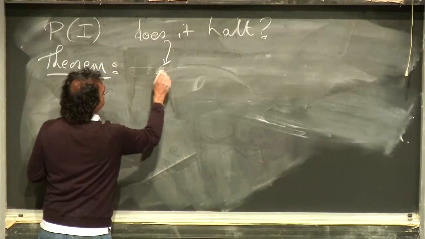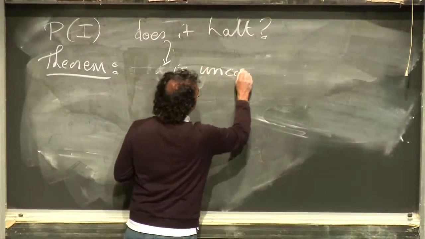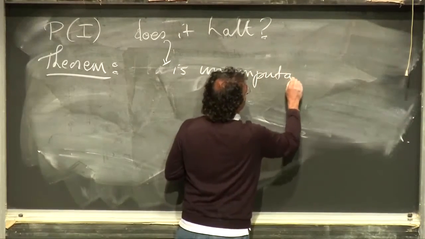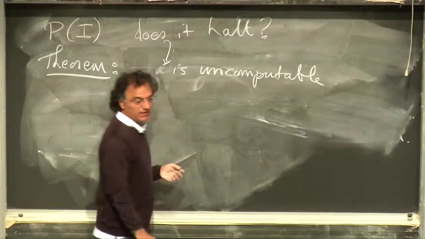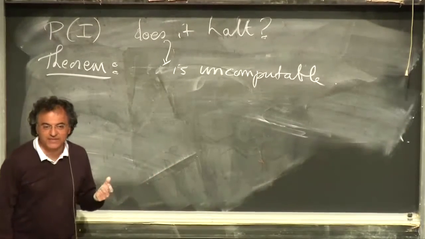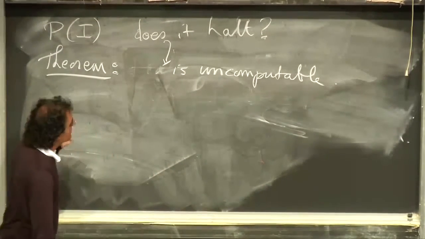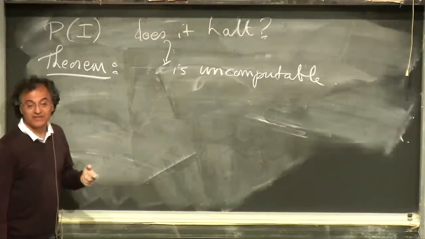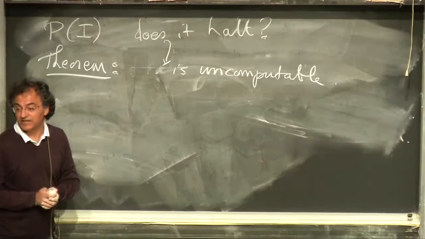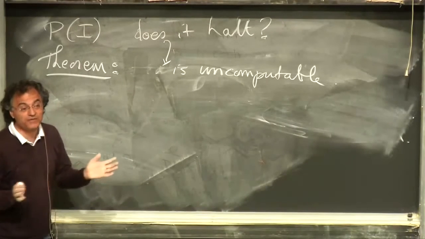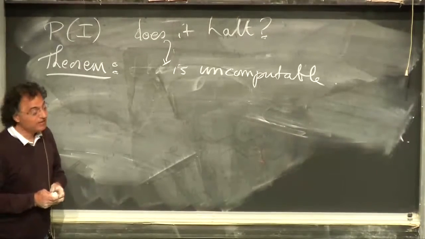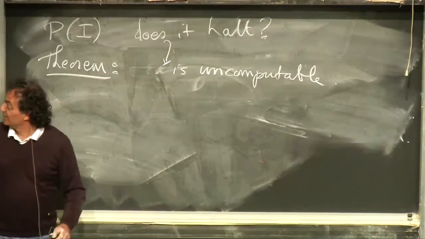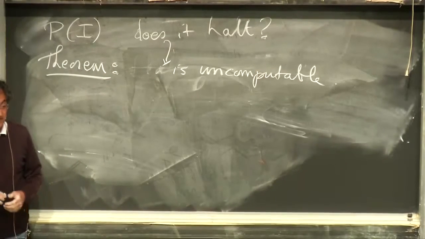Answering this question is uncomputable. There's no computer program that can reliably, on input P and I, tell you whether P halts on input I. There's just no way of doing this. And the way he proved this was by this kind of argument.